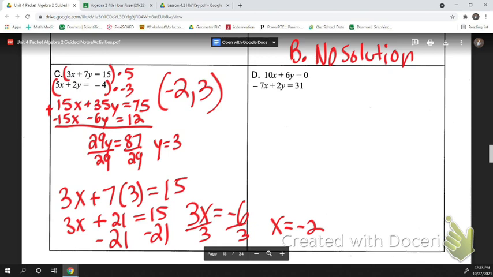Great. For C, you should have gotten x is negative 2 and y is 3. And yes, you did have to multiply each line by a number. One of them was negative, one of them was positive to get the x's or the y's to eliminate. Give me a thumbs up if you got the same answer for C.